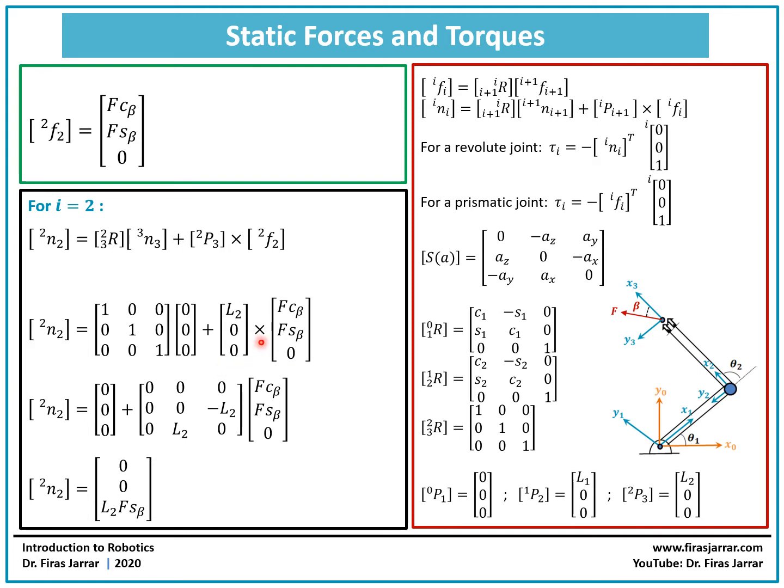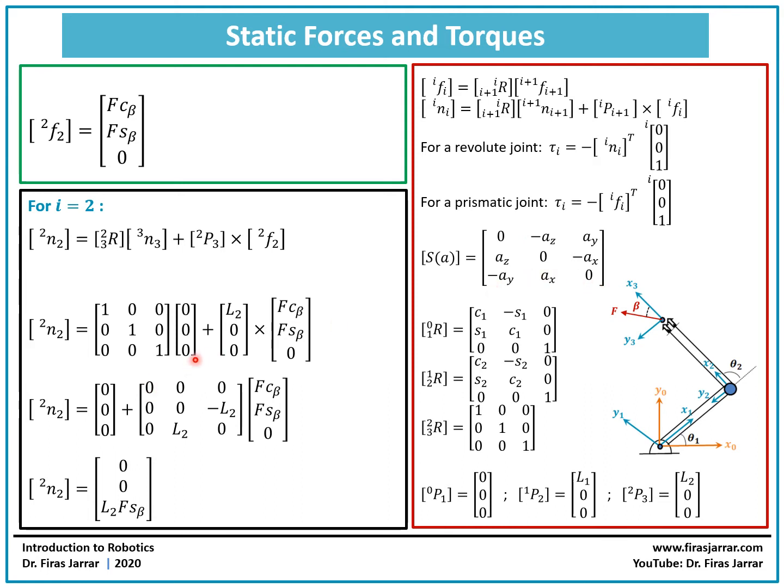And what about this cross product here? We know that a cross product represented in matrix algebra is simply the first vector expressed as a skew symmetric matrix multiplied by the second vector. So you keep the second vector as it is, but the first vector you have to write as a skew symmetric matrix. And this is the formula for a skew symmetric matrix. If we have a vector A with components AX, AY, AZ, it's skew symmetric.